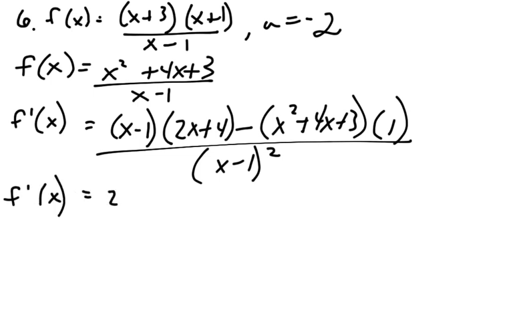So this would be 2x squared plus 2x minus 4 minus x squared minus 4x minus 3.